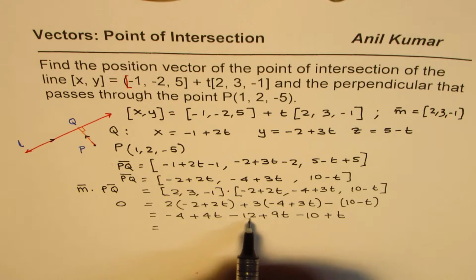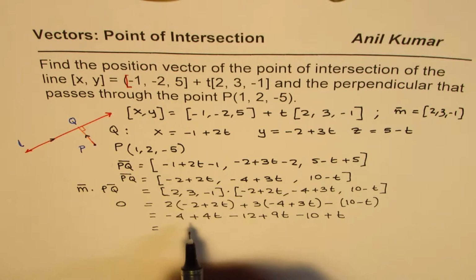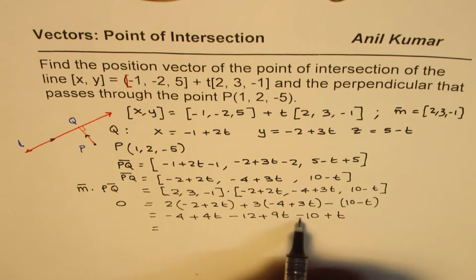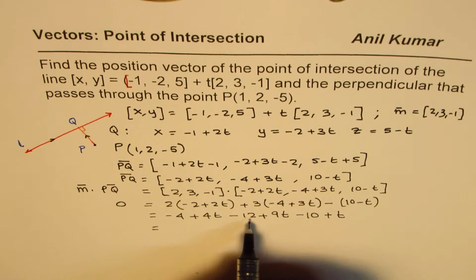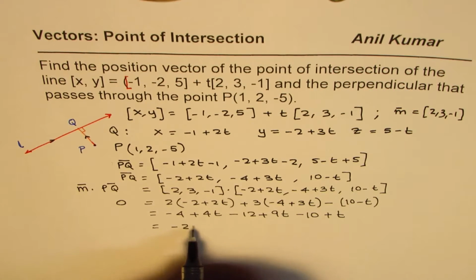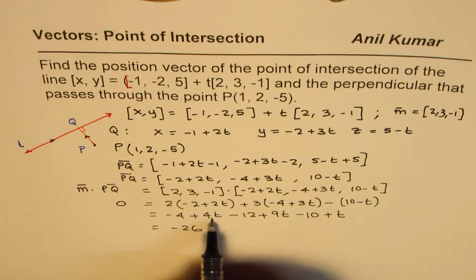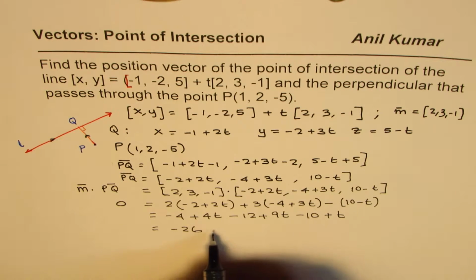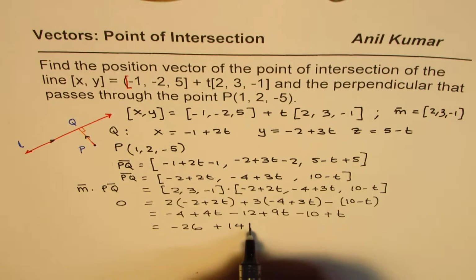Minus 4 minus 12 is minus 16, and minus 16 minus 10 is minus 26. 4t plus 9t is 13t, plus t gives us 14t, right?